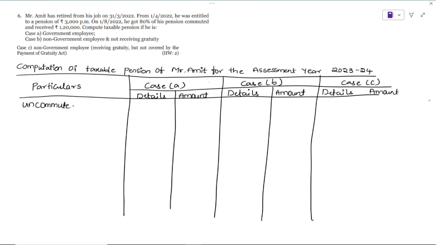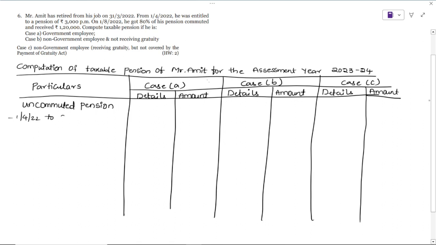Now look, 1st April to July 31st there is a separate story. 1st August to 31st March 2023 is a separate story. So we have to put it into two parts. So 1st April 2022 to 31st July 2022, 4 months, right?